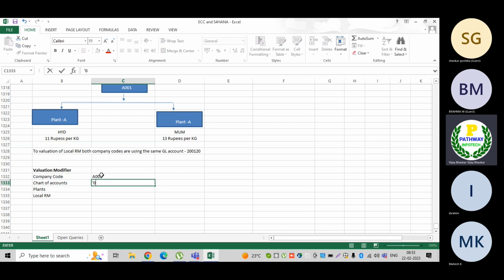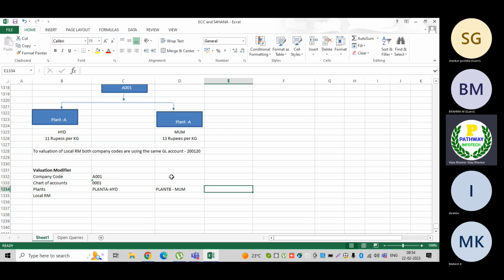Then the plants we are having, let us assume plant A is Hyderabad, and plant B is Mumbai.